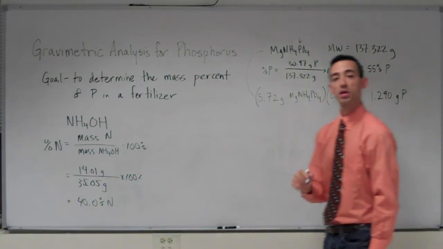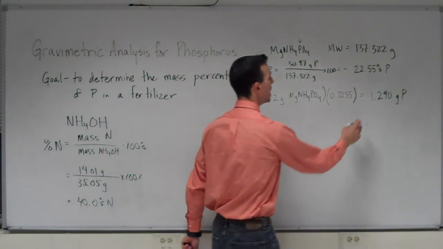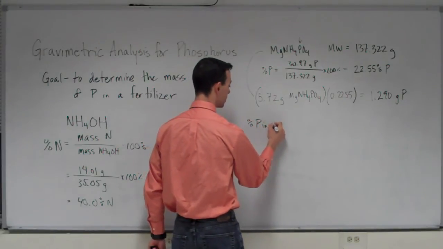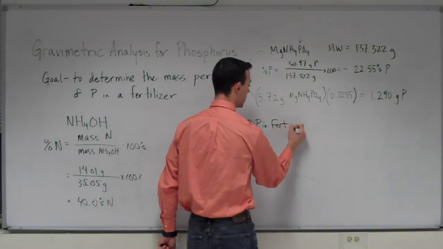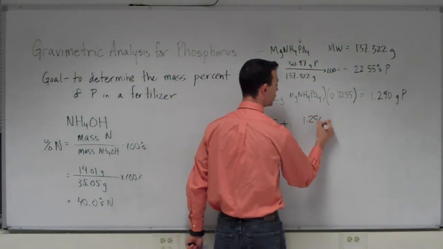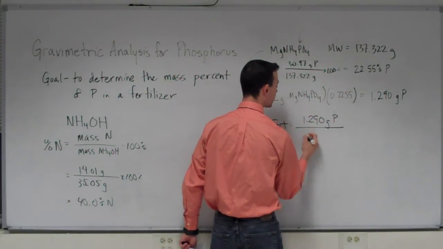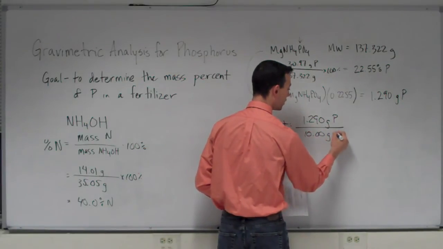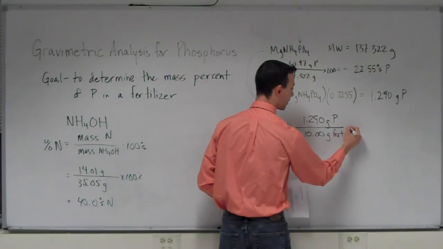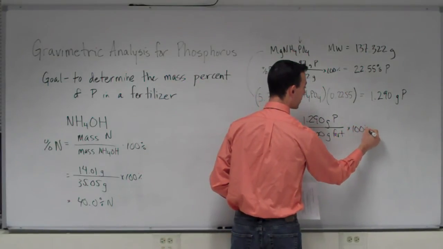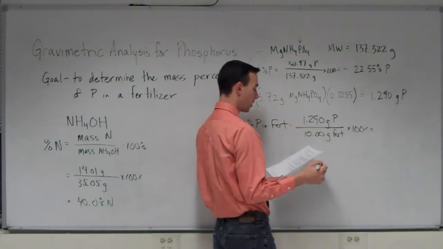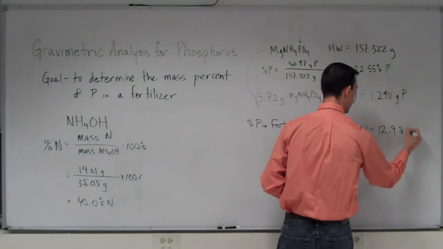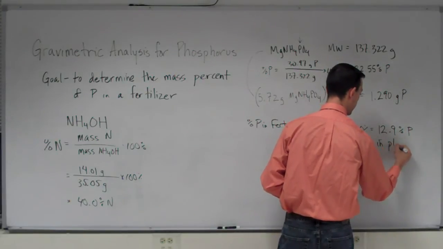So to determine the percentage that phosphorus accounted for in the original fertilizer, that would be the 1.29 grams of phosphorus divided by the 10 gram sample of the plant food or fertilizer, and then multiplying by 100%, you would come up with 12.9% phosphorus in the plant food.